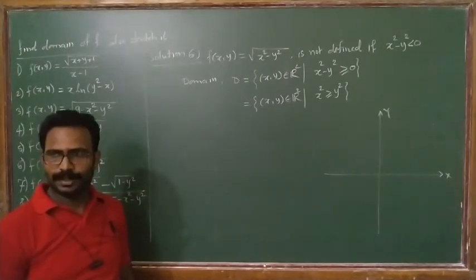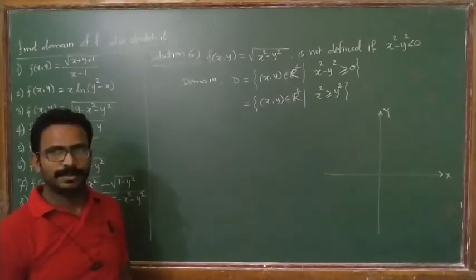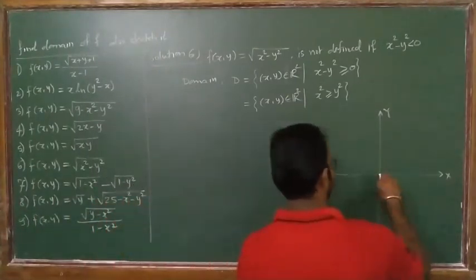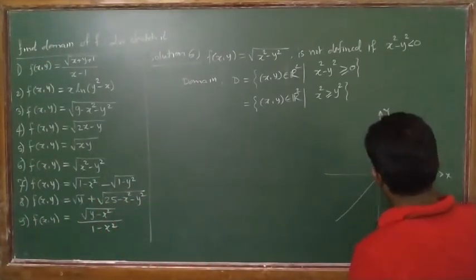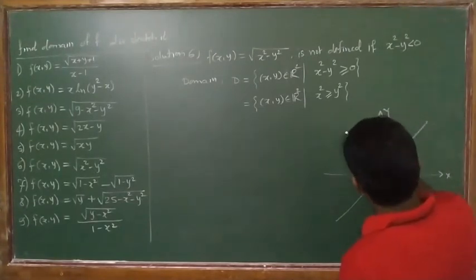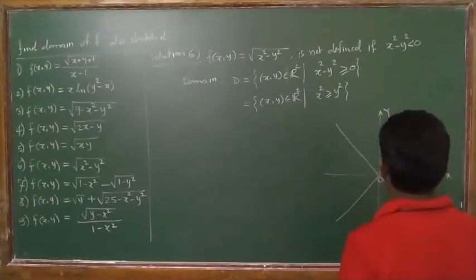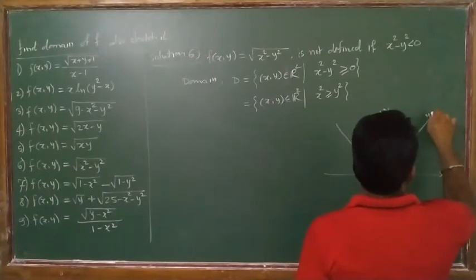So try to draw the graph y equal to plus or minus x. So this is the origin. This is y equal to x. This is the line y equal to minus x.